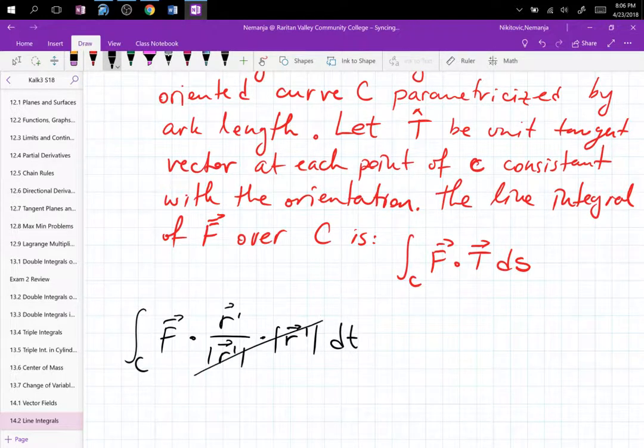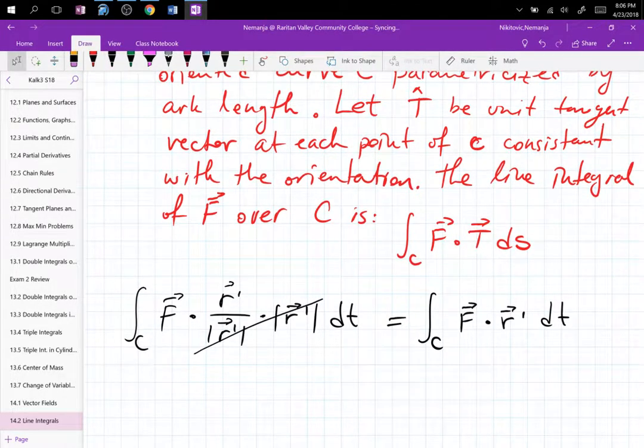So these puppies cancel, and you are left with the vector valued function f dotted with just r prime, no absolute values here, just r prime. And this is a simple dot product between two vectors. I don't care if this is a 2D space, 3D space, 8D space, it doesn't matter. So all you need to do is to write it out.